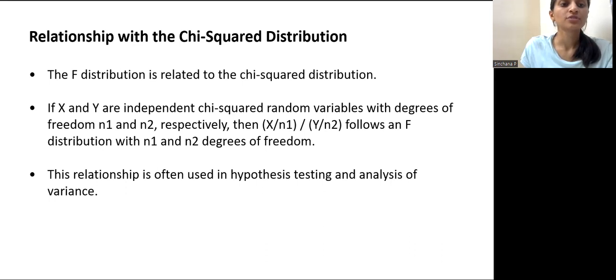The F test is robust to violations of normality assumptions and relatively unaffected by outliers, making it suitable for analyzing data that may not meet strict normality requirements. The F distribution is valuable to statistical analysis due to its versatility, power, and flexibility in various testing scenarios.